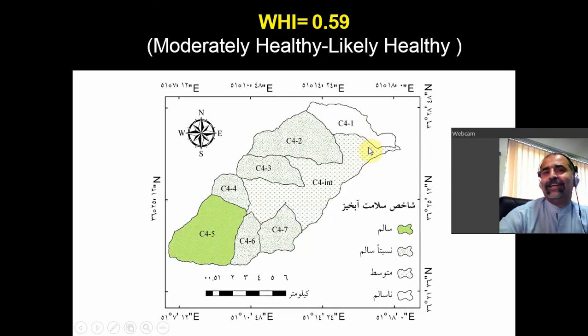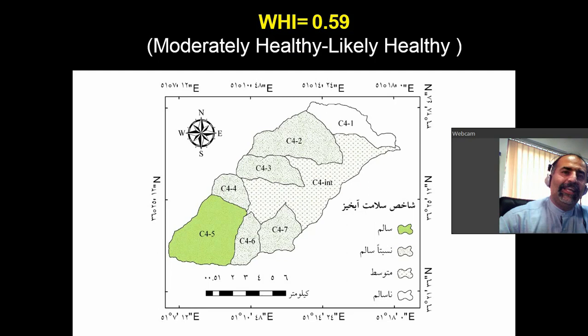And here finally we could assess the health of the watershed based on PSR framework, that it was assessed by the value of 0.59 as almost moderately healthy and likely healthy, because it is exactly at the border of moderately healthy and likely healthy one.